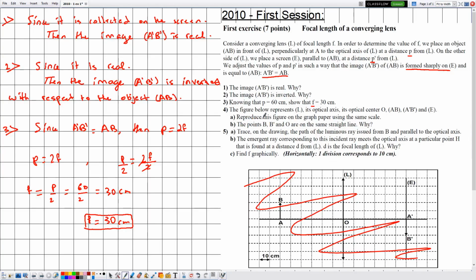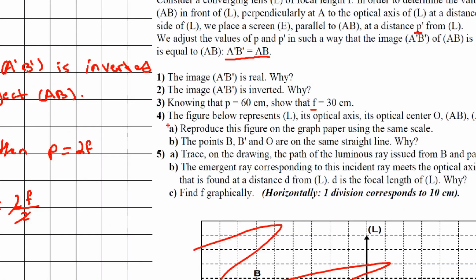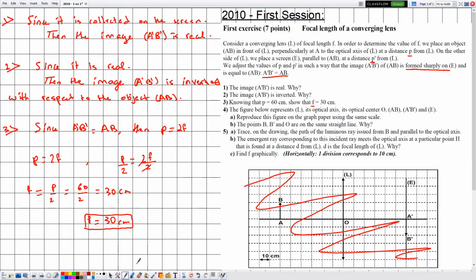Now in number 4 they are telling me the figure below. They mentioned the figure, so now I can use it. It represents L, its optical axis, its optical center O, A, B, A prime, B prime, and E. Okay, for part A, they are telling me to reproduce this figure on the graph paper using the same scale.